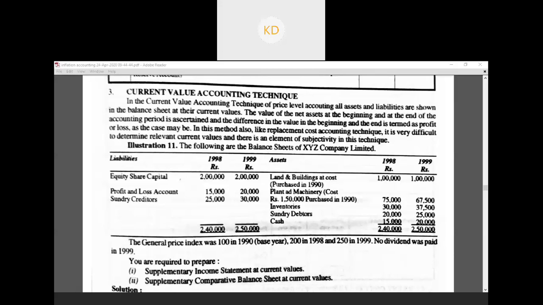But when I'm talking about inventories, debtors, cash, the inventory denominator will be 200 and current price index will be 250. So I will be multiplying for these amounts 250 by 200.